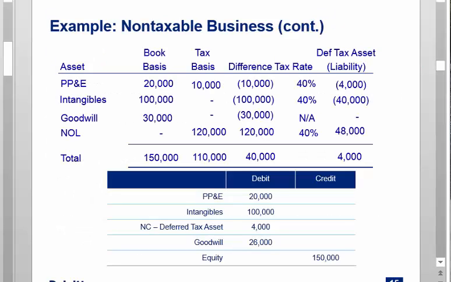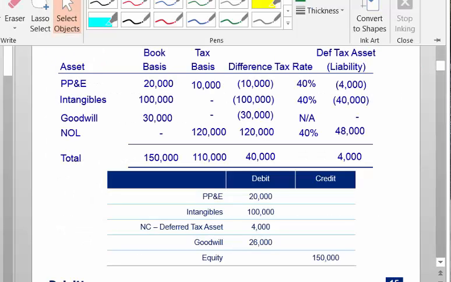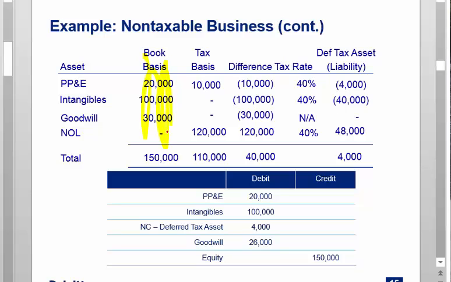Okay. So just like in the example we went through earlier, books is going to do its thing. It's going to allocate the 150 purchase price to the assets. Okay? Tax comes along and says historical value. But part of that historical value includes the NOL. Right? Because the NOL is going to create a deferred tax asset that we get in the target.